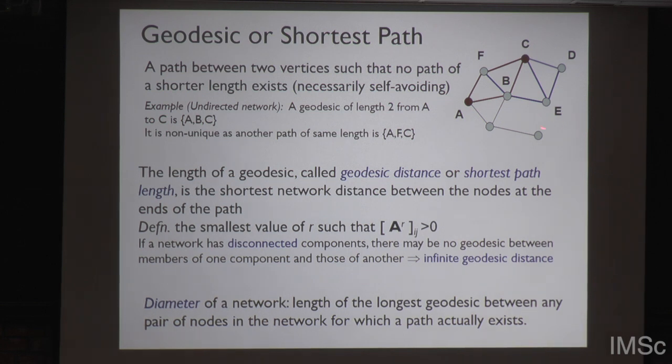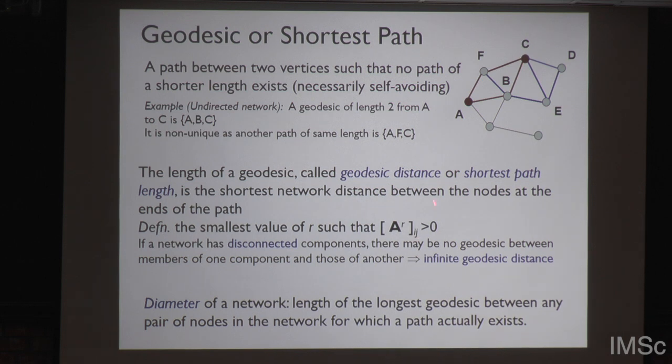So necessarily, you would be considering self-avoiding paths, because obviously if you trace the same edge over and over again, that would not lead you to the shortest path. In this particular case, for example, the shortest path, or the geodesic, from A to C, you could have ABC, which is of length 2, or you could have AFC, which is also of length 2. And so the shortest path length from A to C is 2.